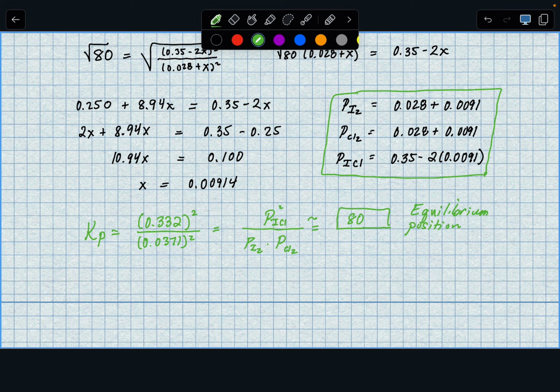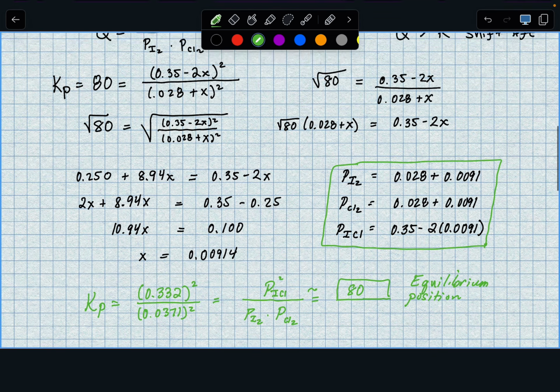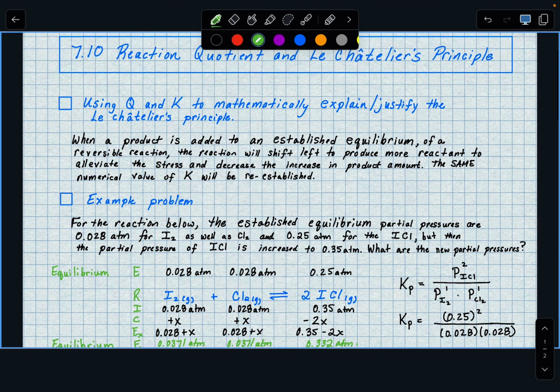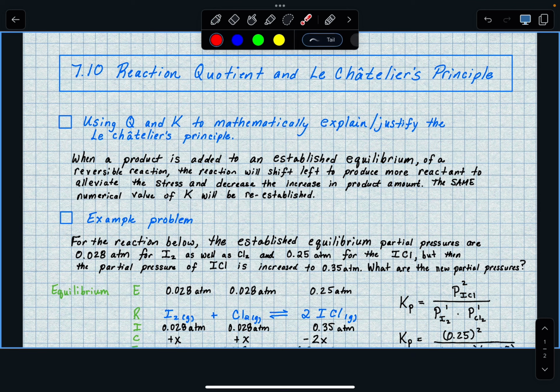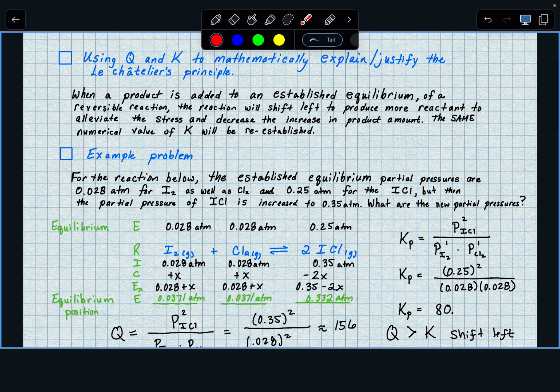So that's proving that Le Chatelier's principle is correct, in that if we read the beginning here, if we have a product and we add it to an established equilibrium, the product will decrease in its amount, shift left, which means it's going to produce more reactant, and then that reactant amount will go up, the product amount will go down, but not below the amount that we had before, just lower than what we had as an influx of that product in the reaction.